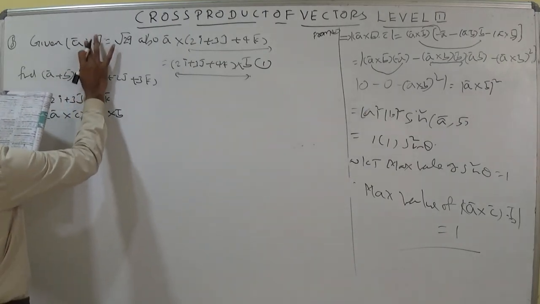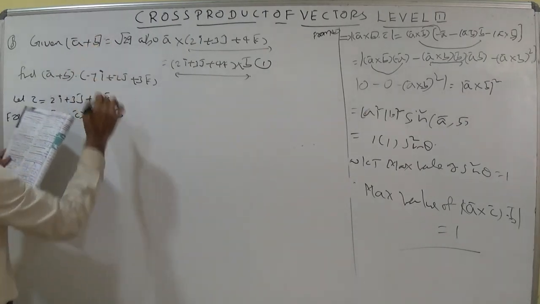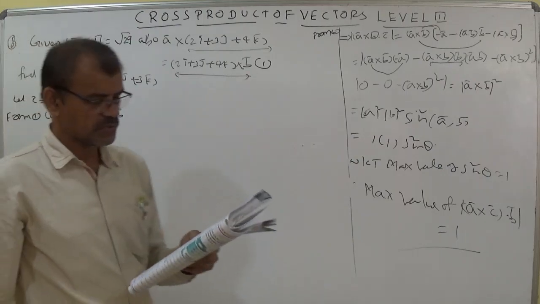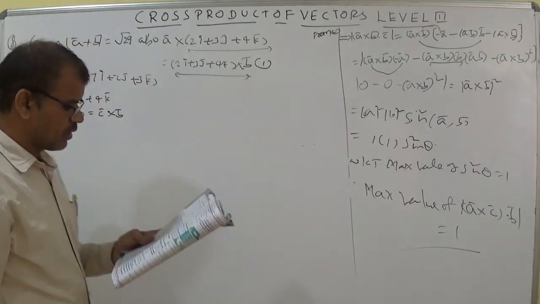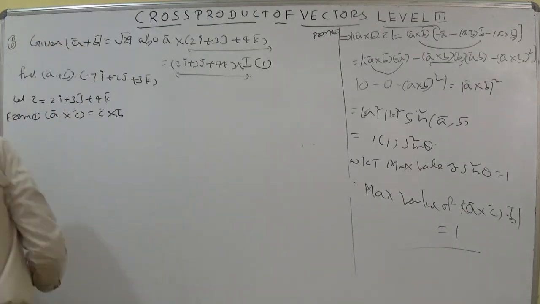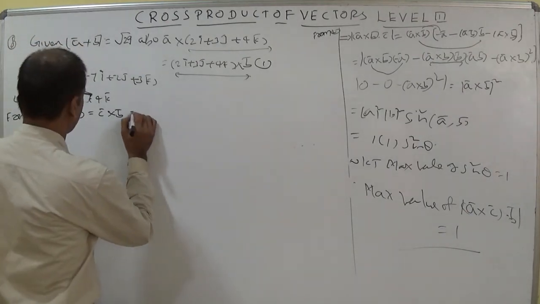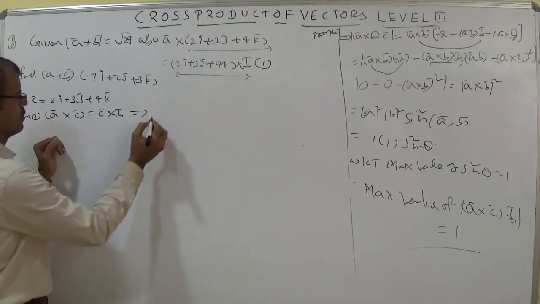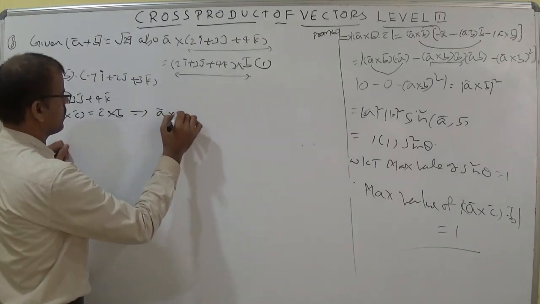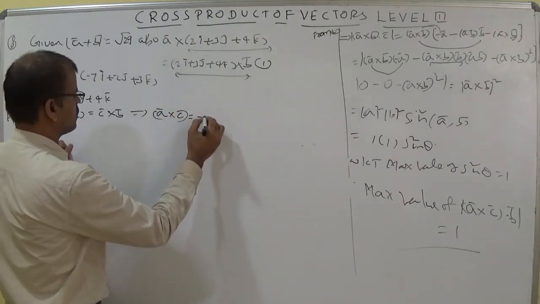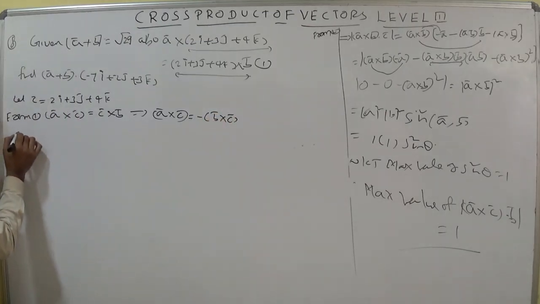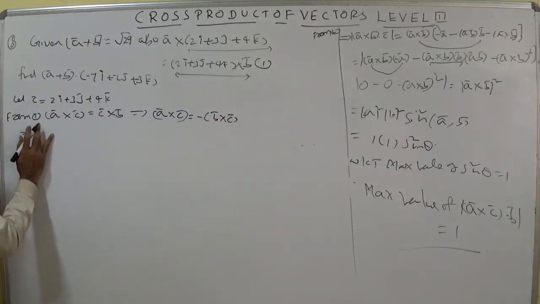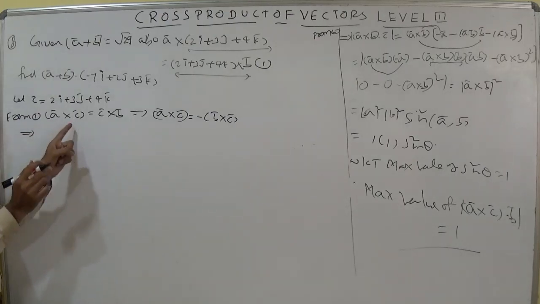Modulus of A plus B is equal to root 29 and this vector is given like this. Now, using this one, A bar cross C bar is equal to minus of B bar cross C bar. Students, let us try to understand about the second letter or first letter.